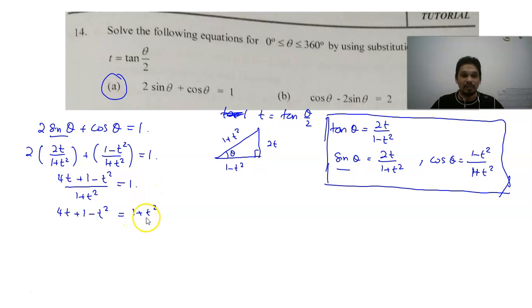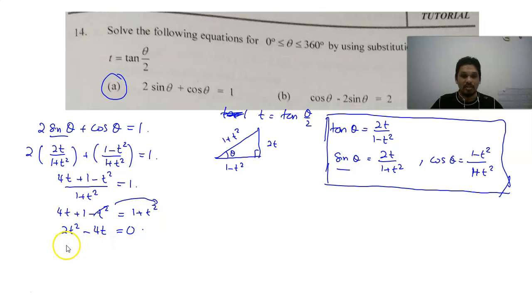So rearrange everything here. Negative t squared, bring here, becomes positive, so 2t squared. Okay, bring this to the other side. So negative t squared here, bring here, becomes positive, so 2t squared, and 4t brought to the other side becomes minus 4t, and 1 brought here becomes negative. So 1 minus 1 equal to 0.